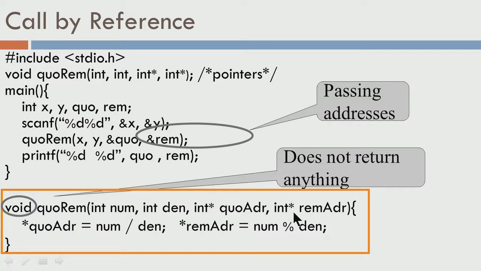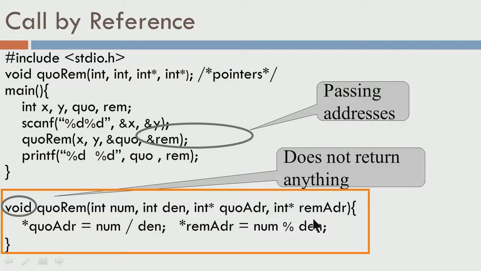So, we have two pointers that are passed on and two integers that are passed on, right. num will get a copy of x, den will get a copy of y, and QUO ADR will get a copy of ampersand of QUO, which means the address of QUO is copied to QUO ADR and address of REM is copied to REM ADR.